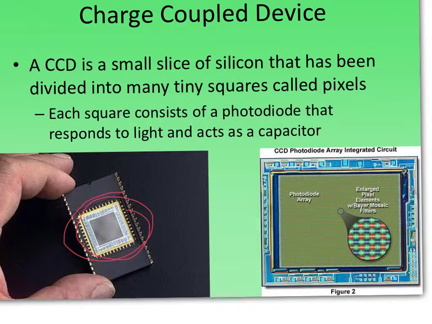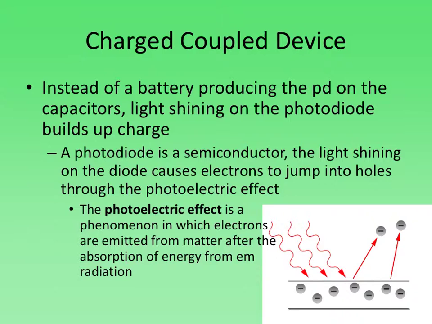A capacitor is simply something that can store electrical potential once it's been placed there. They have a lot of different uses in electronics. But instead of a battery producing the potential difference on the capacitor, like would happen in a circuit, the light that shines on the photodiode actually produces that potential difference.